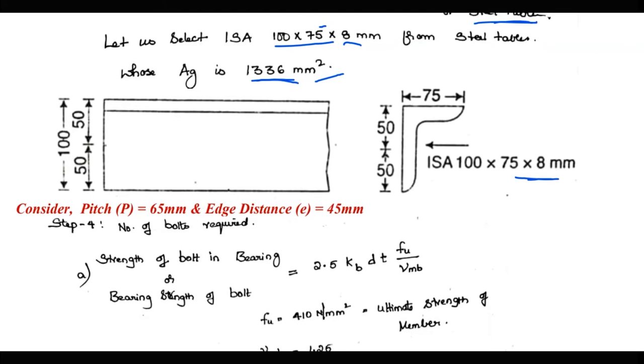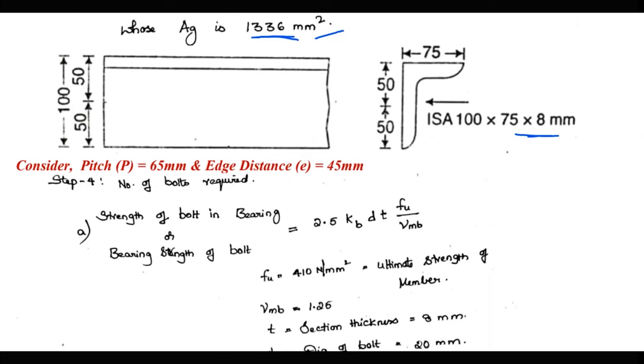Okay, so now let us go for the next step, and I have considered the pitch of the bolt as 65 and edge distance as 45 mm. Of course, we have actually discussed this pitch calculation and edge distance calculation.